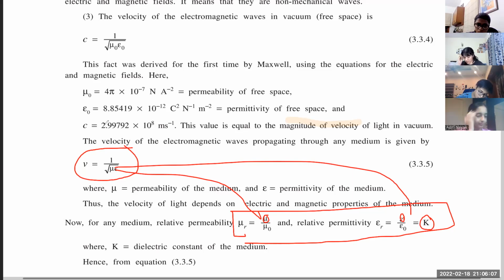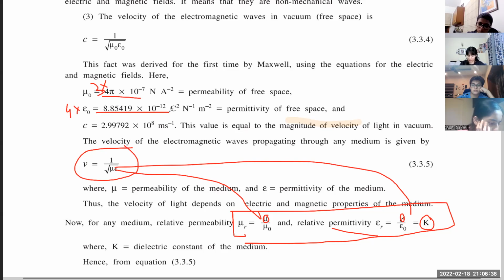Vacuum का permeability कितना है इतना, तो उसके में डालोगे तुम 3 into this number. ओके, अगर किसी मीडियम का relative permittivity 4 है, they can also call it dielectric constant. So if the dielectric constant of a material is 4, you will put its epsilon value as 4 into this value.